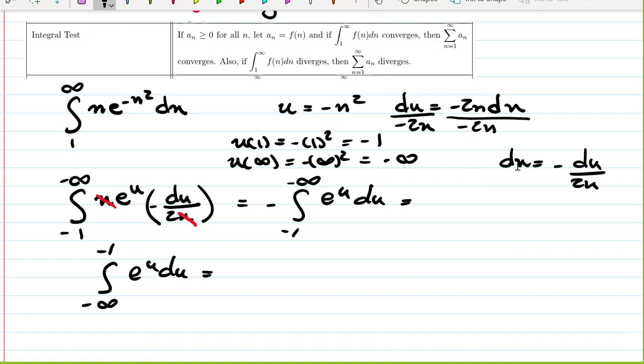So now our antiderivative of e to the u is e to the u evaluated from negative infinity to negative 1. So that gives us e to the negative 1 minus e to the negative infinity, which is 0. So we get 1 over e.